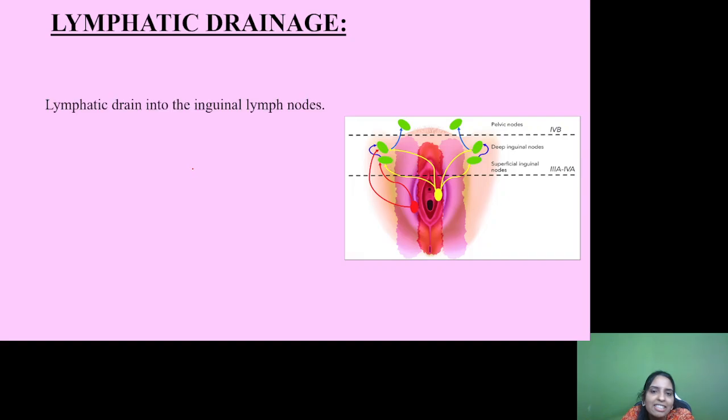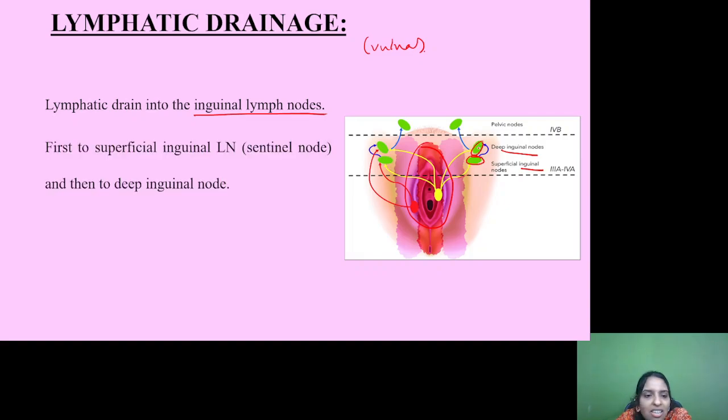Next, let's see the lymphatic drainage. The whole lymphatic drainage of the vulva is to the inguinal lymph nodes. This is the external genitalia, and here are the inguinal lymph nodes, superficial and deep.